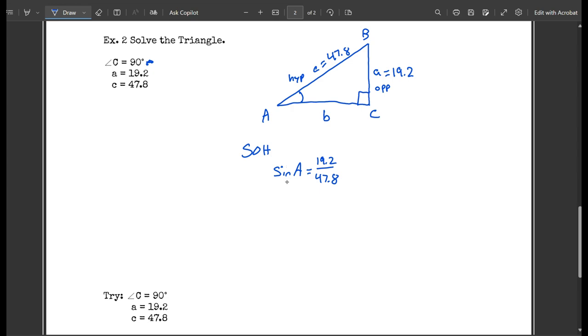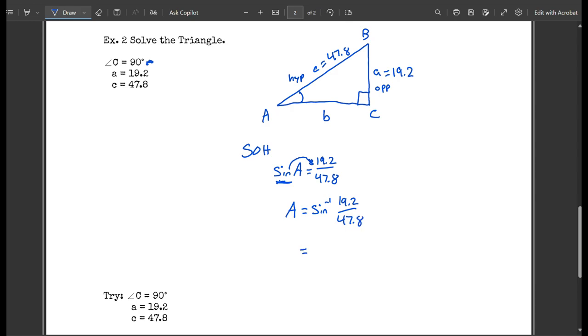To get rid of the sine in front of the A, we're going to move it to the other side by using the sine inverse, or the arcsine. So then we're left with A by itself on the left. That's going to equal sine inverse on the right. That's how you move it to the other side. Of 19.2 over 47.8.